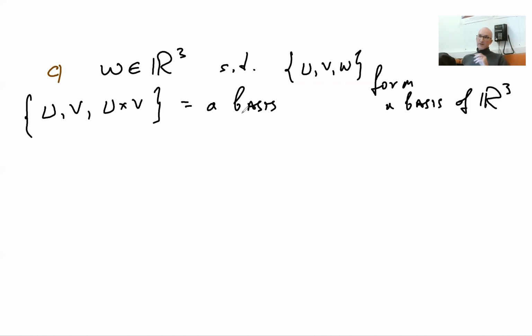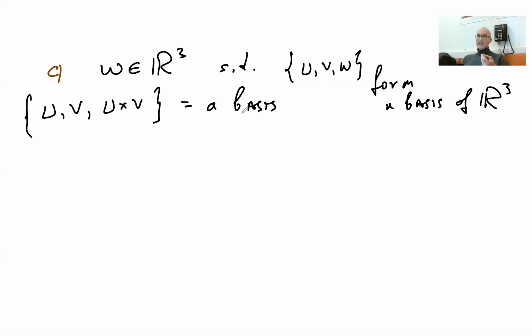Alternatively, if you just forget formulas, orthogonality, basically you can just think that we want to complete our two linearly independent vectors u and v to a basis of R3. There's a lot of ways of doing this.